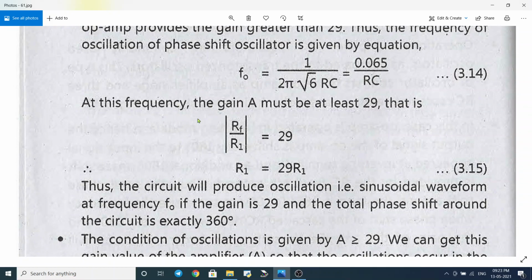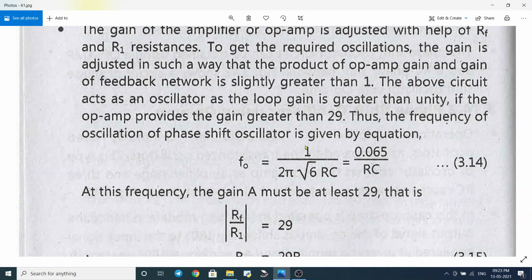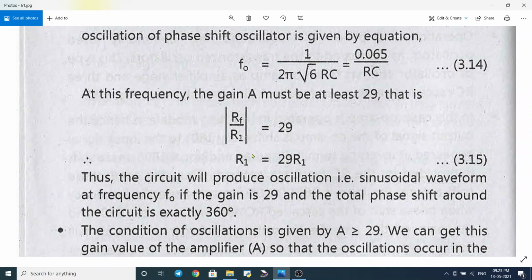So at this frequency, the gain A, the gain is denoted by capital A, must be at least 29. The op-amp circuit should be designed to get the gain greater than 29 to satisfy the Barkhausen criteria.